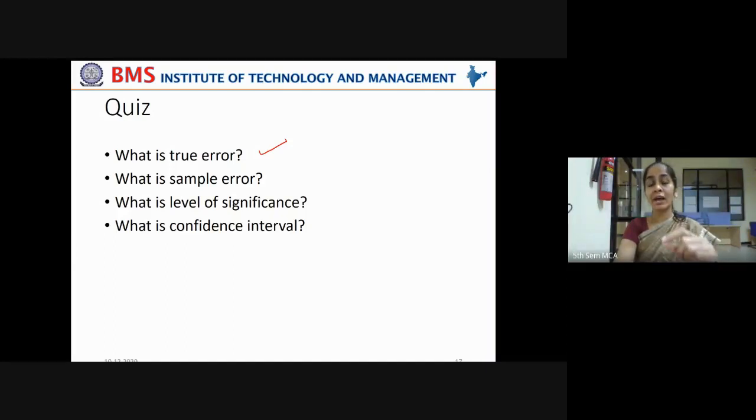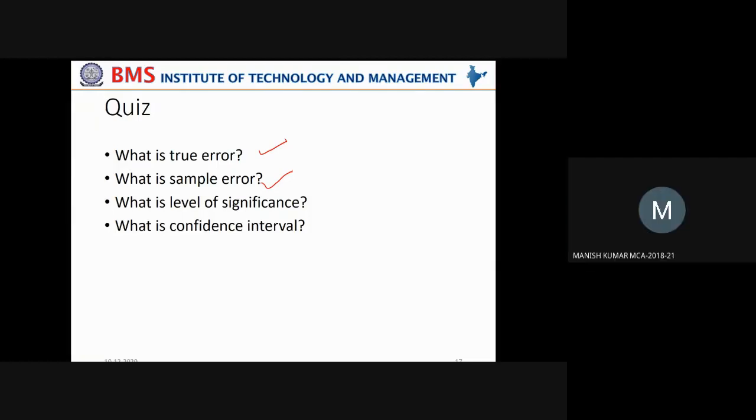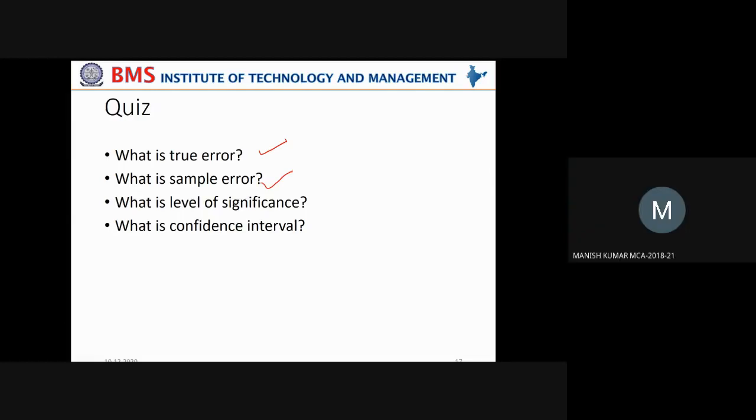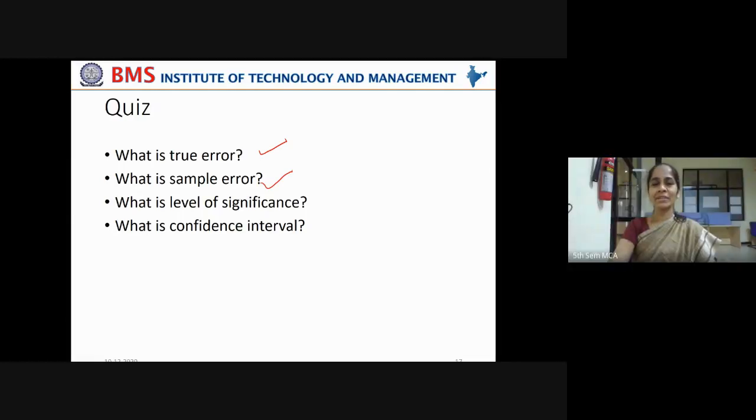Error associated with unseen data. Machine learning models, error associated with unseen or new data points that are drawn from the larger population. Now, what is sample error? Error associated with the sample. Yeah, sample, not population, sample training examples, right?